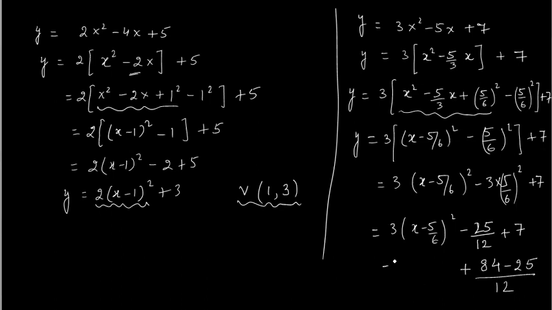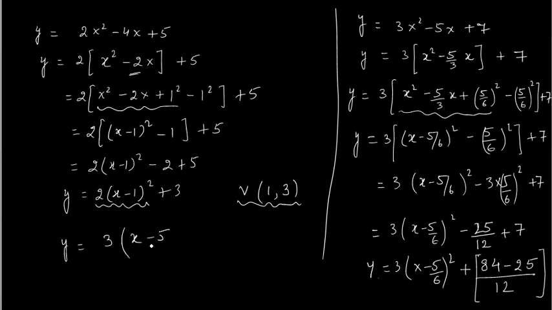And this is nothing but 3 times (x minus 5 by 6) whole square. We simplify this fraction easily, and this can be written as y equals 3 times (x minus 5 by 6) whole square plus 59 over 12.